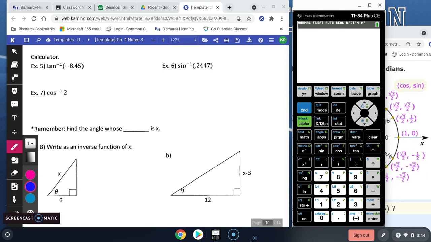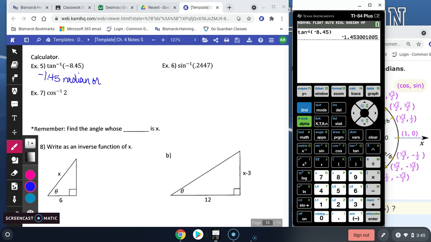So if I go inverse tangent, second tangent, of negative 8.45, equals negative 1.45 approximately. Now this is in radian measure. If you just leave it negative 1.45, I'm going to assume that you are talking about radians.